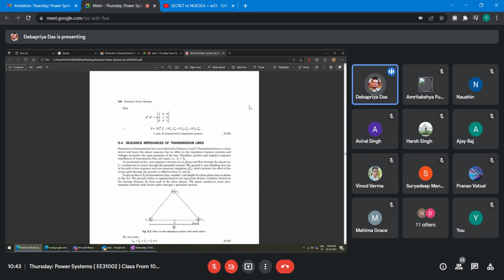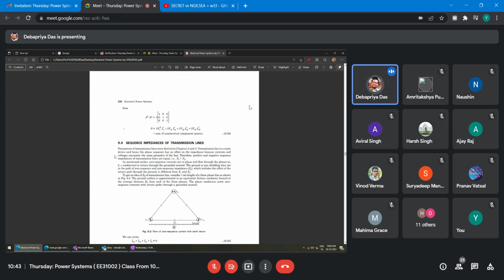Now 1, 2, 3, 4 is a radial network. So Y14 is 0, Y24 is also 0, right? It is a symmetrical matrix, so Y14 means Y41, and Y24 means Y42 is 0. Y13 also is not connected, so Y13 and Y31 are 0. Put these in the equations of I1, I2, I3, I4, right?